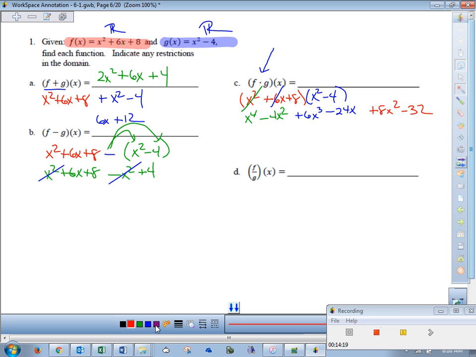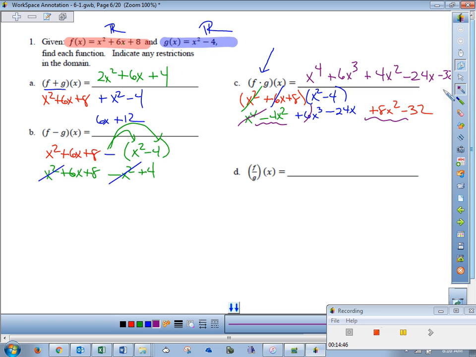Put them in standard form also, highest degree to lowest degree, when you rewrite them. So x to the 4th, then x cubed, x squared, a total of 4 of them, minus 24x minus 32. That's a piece of cake, friends. Add, subtract, multiply. No problems with those.